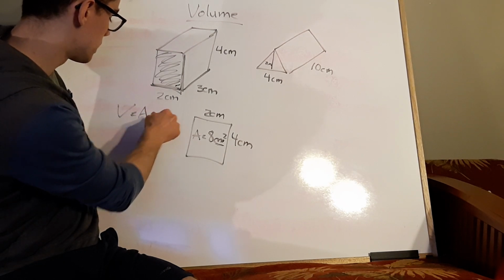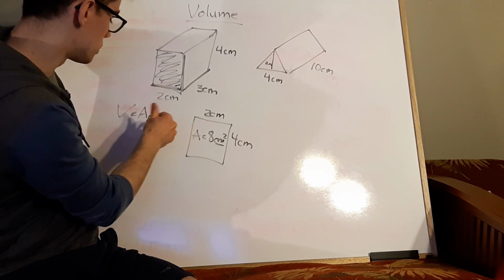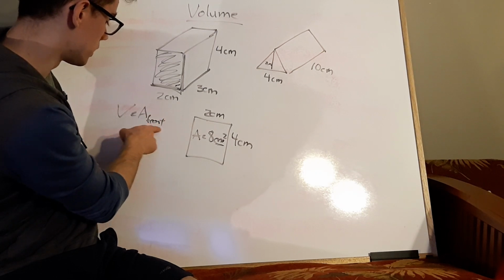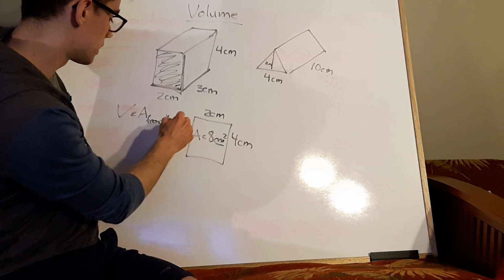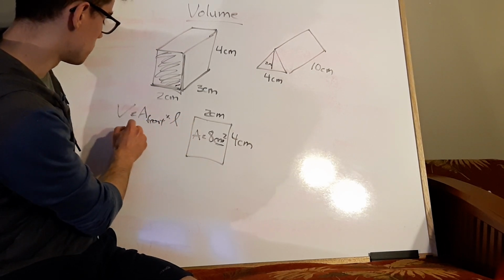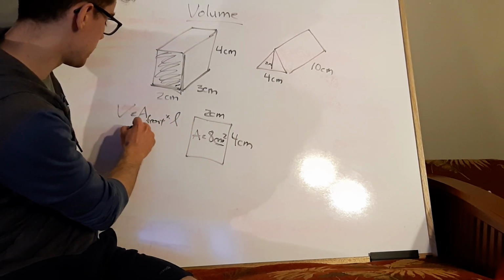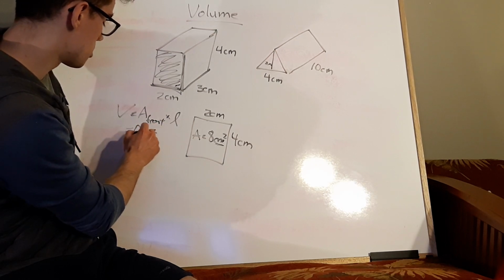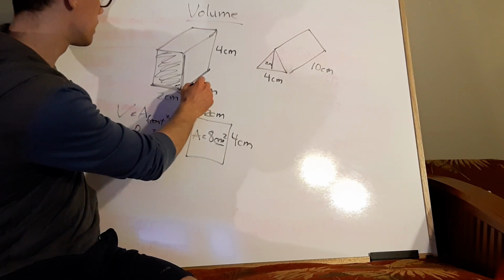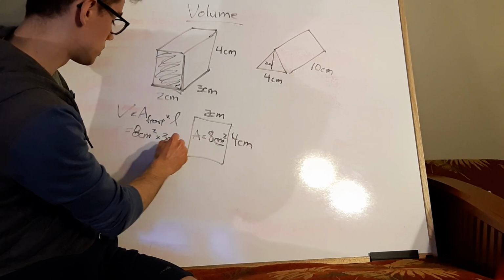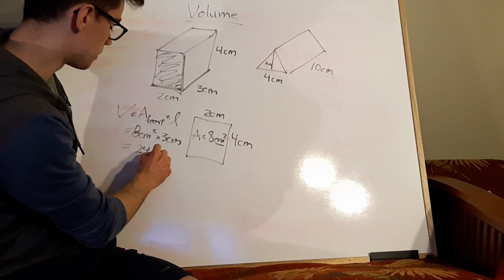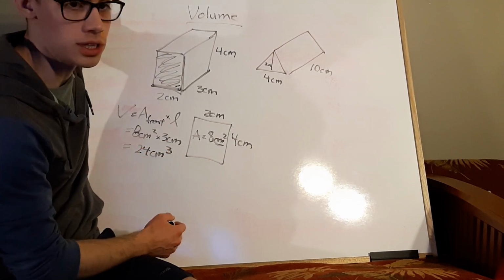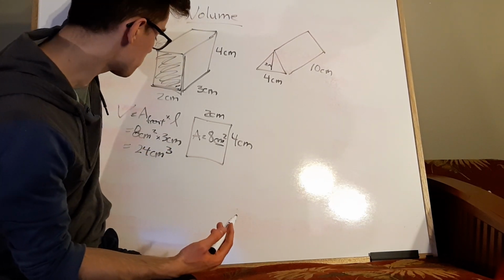I'll use this notation of the smaller letter underneath area to mean the area of the front, multiplied by the length, L for length. So that's going to be 8 centimeters squared multiplied by 3 centimeters here. So that's going to give me 8 times 3, which is 24 centimeters cubed. Those are going to be the units for volume.